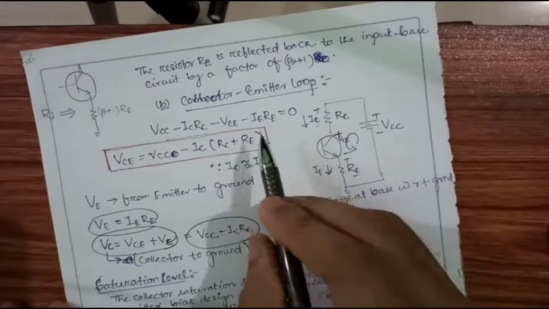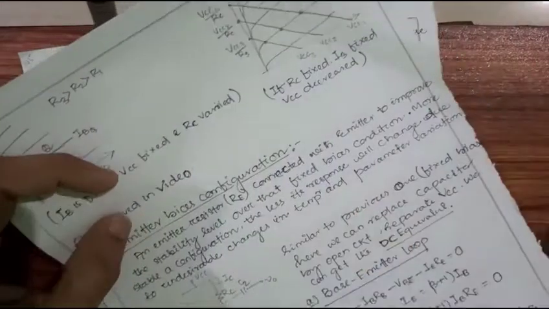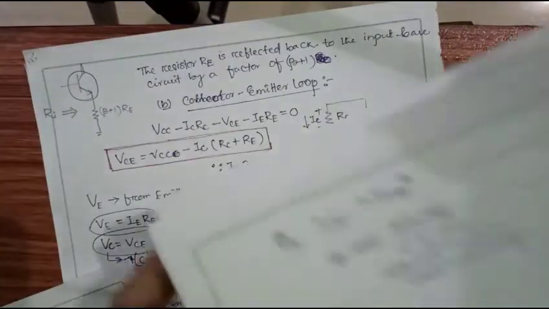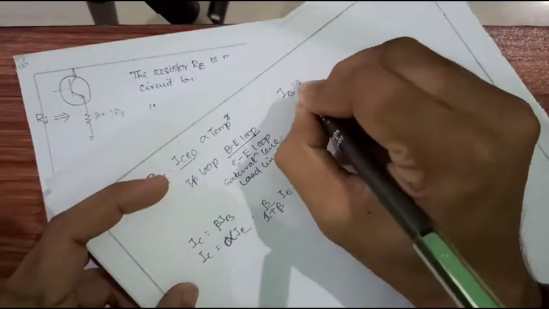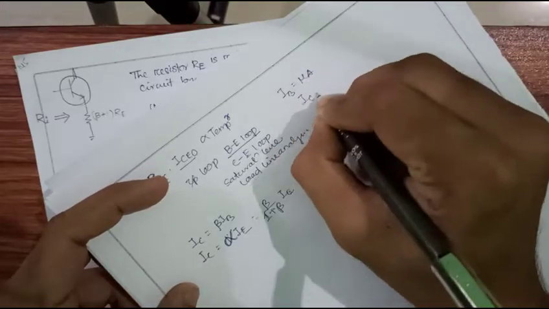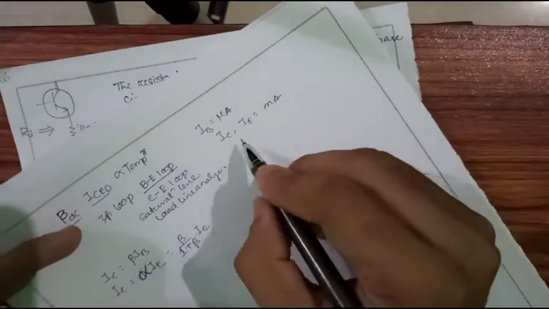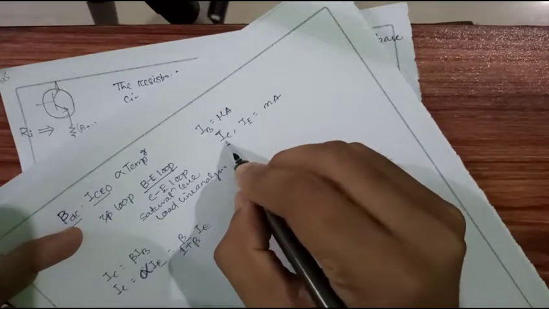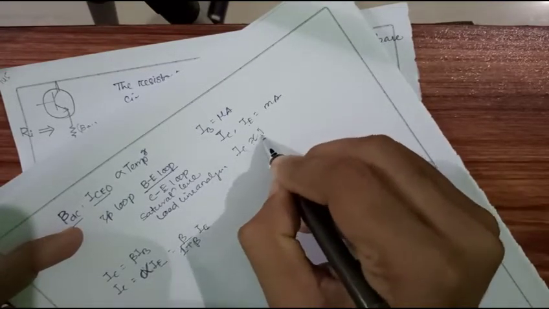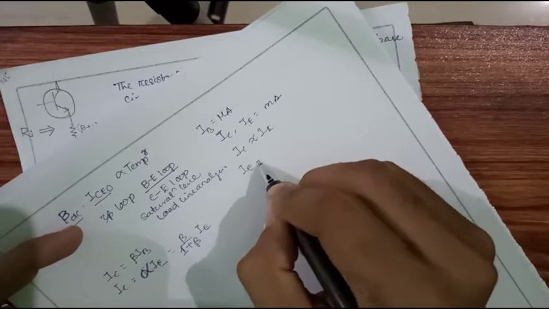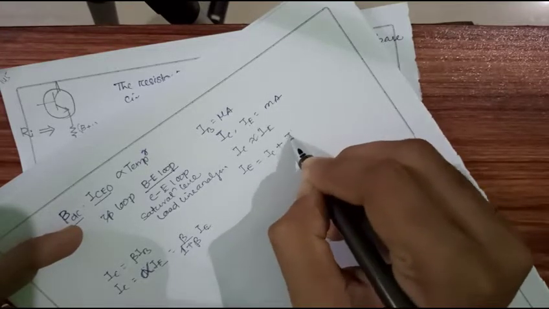Okay. So we know our IB is in the microampere range. Our base current is in the microampere range. IC and IE are both in the milliampere range. And I told earlier that these two currents are almost approximately the same. We know that IE is nothing but IC plus IB.